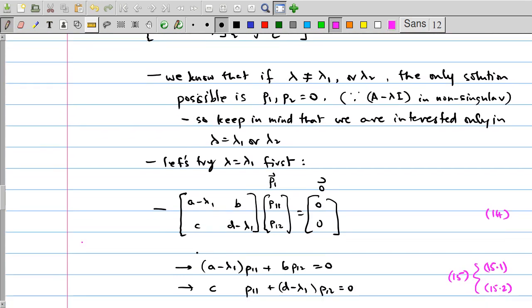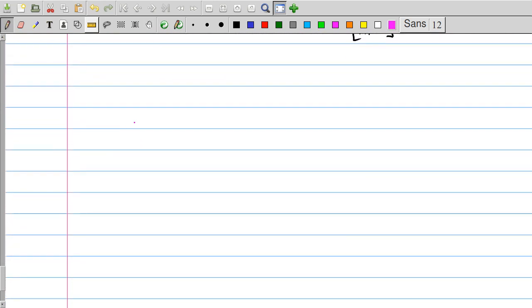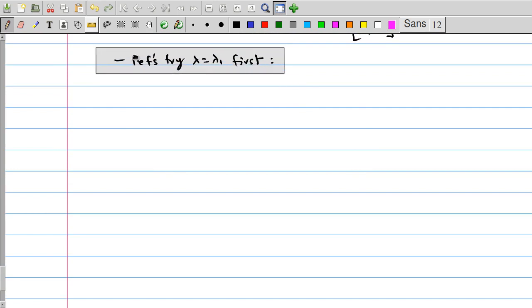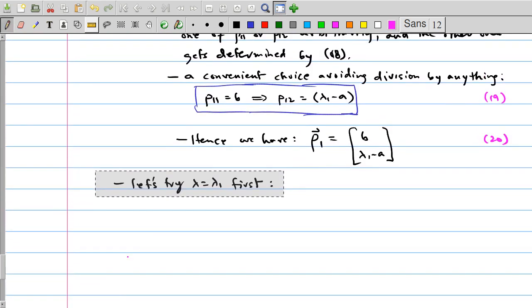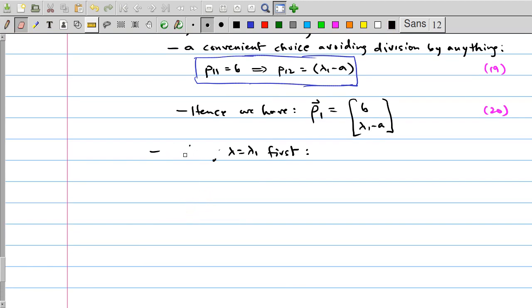So now we try lambda equals lambda 2. Okay, the whole process is completely identical to the above.